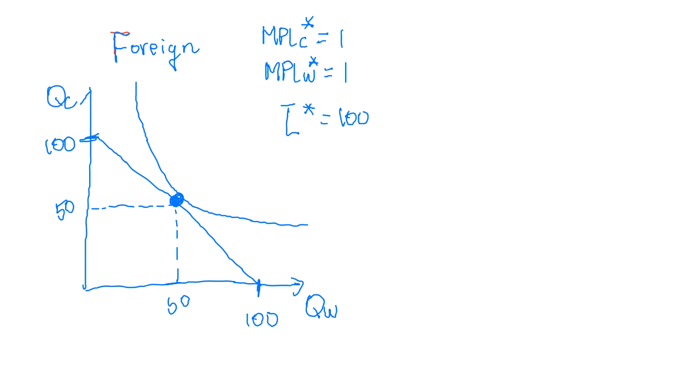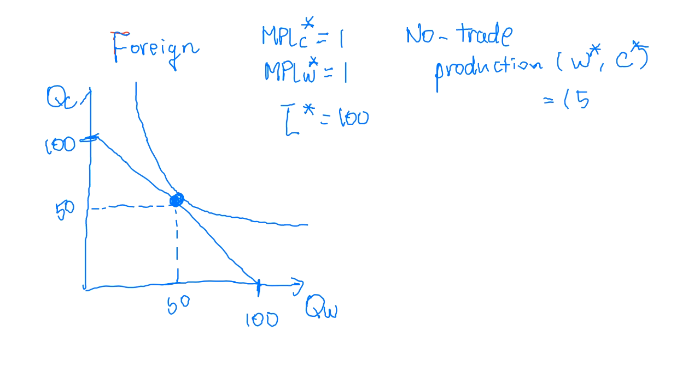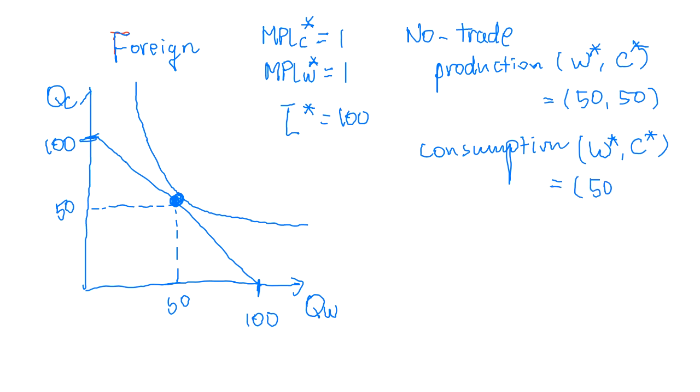So the consumption, no trade: production for wheat and clothes is equal to 50, 50. Consumption for wheat and clothes is 50, 50.